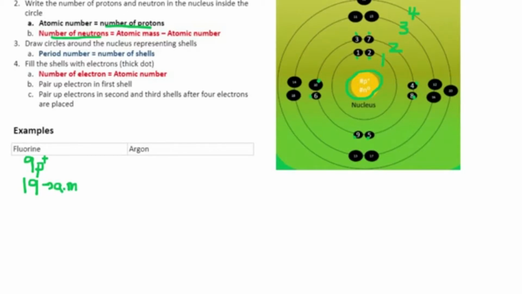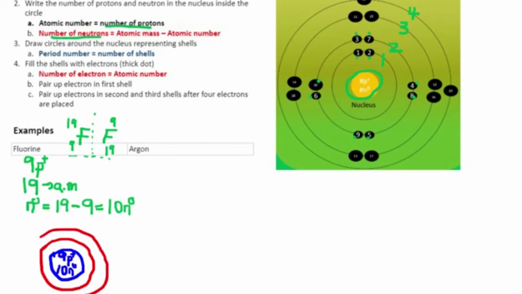To determine the number of neutrons, we subtract the proton number from the atomic mass, which is 19 minus 9, which gives us 10 neutrons. We can also get this number 19 from either notation, where you see F 19 9 or F 9 19. So these are the two ways you can find those numbers in the periodic table.